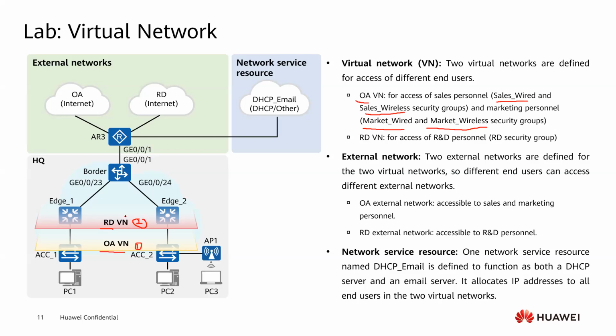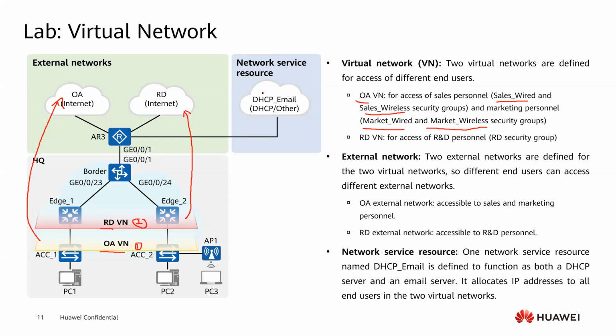The VNs can connect to some external networks. The OA VN can only connect to the OA external network, and the RD VN can connect to the RD external network. So you need to create two external networks for the VNs to access.